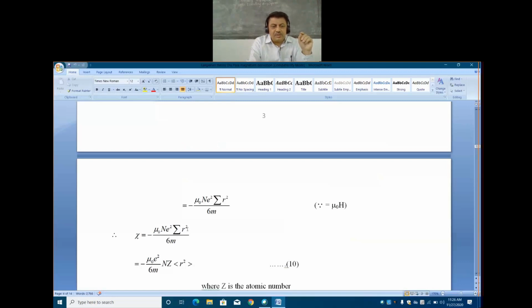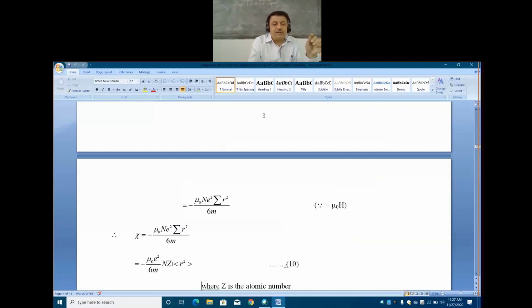So we replace summation r square by the average r square, the mean square distance, because all electron orbits are oriented in different directions. From the field axis, the effective distance we take is the average expectation value of r square. Therefore, chi is minus mu naught e square by 6m n Z.